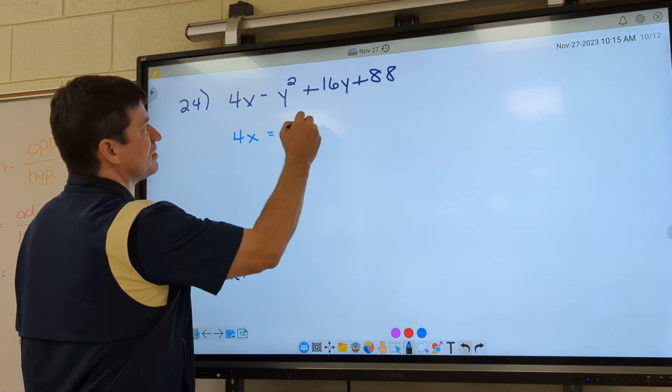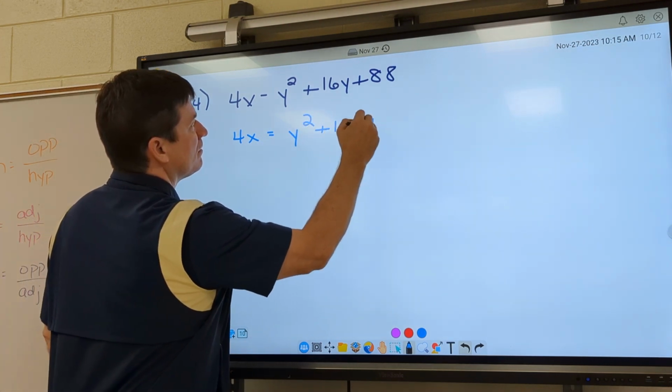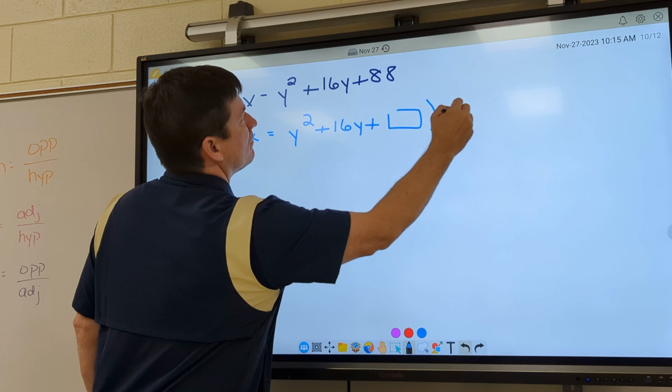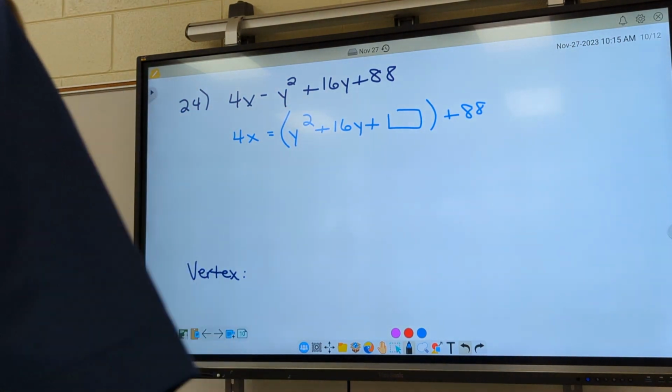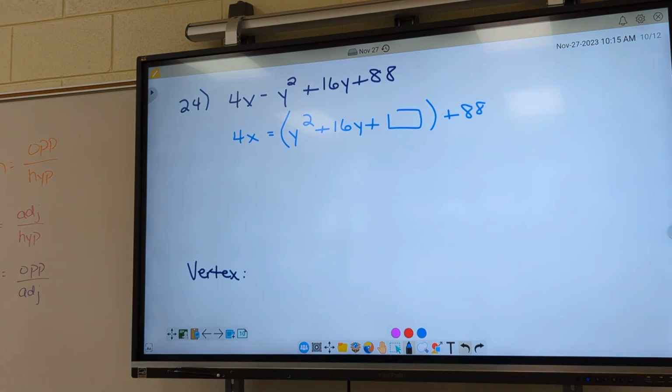Make your box. All right, y'all fill in the box and do it the same way you've been doing it. And I'll show you the extra step on the end instead of the first step.